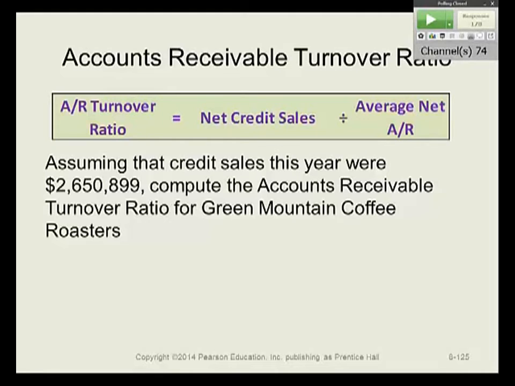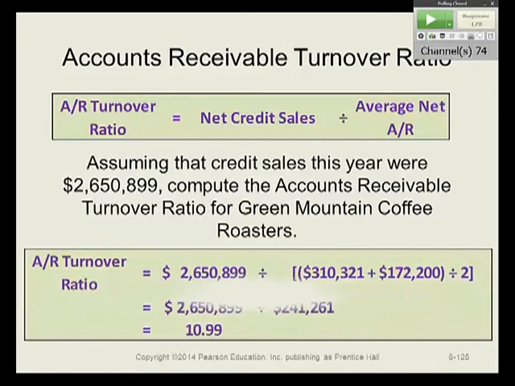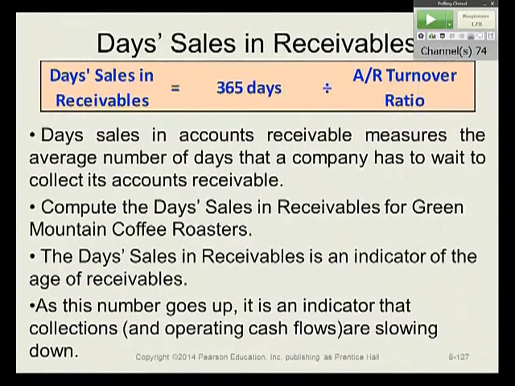I'm going to put different numbers in here in a second, but I'm just worried about the definitions in the boxes. We could also determine how long it takes you to collect, and that's known as the days sales outstanding or the days sales in accounts receivable.